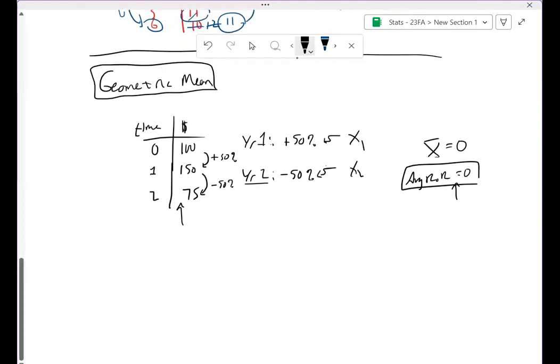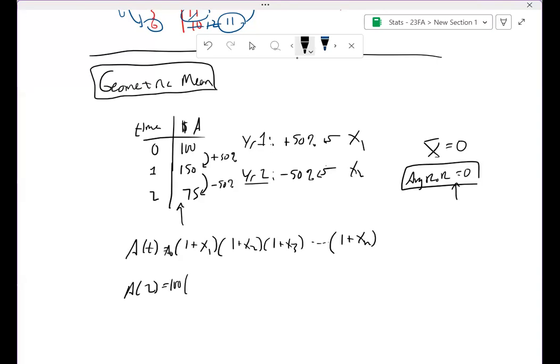So what's really happening if I give this the variable a of t, and call the start a naught, it looks like a bunch of 1 plus rates of return multiplied together. In this particular example, a of 2 is 100 times 1 plus 0.5 times 1 plus negative 0.5.